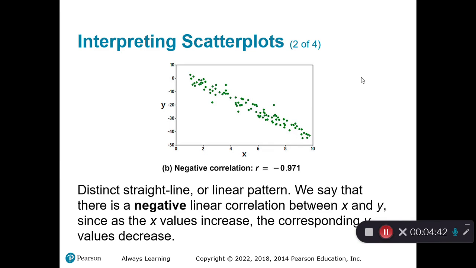We see that the ordered pairs are almost clustering a little bit better, and we have to use less of a thick marker to imagine the linear trend happening here. So between this scatter plot and the one we saw in the previous slide, I would say that this certainly is a stronger linear relationship between our x and the y variables. The one in the previous slide certainly was visibly linear, but this one is more condensed.